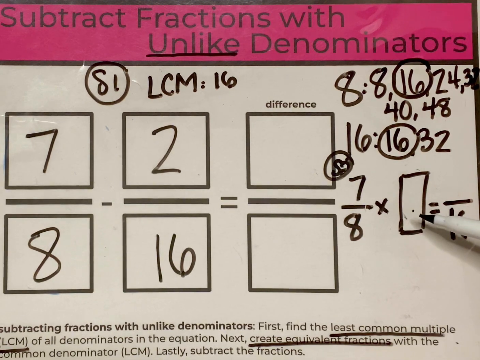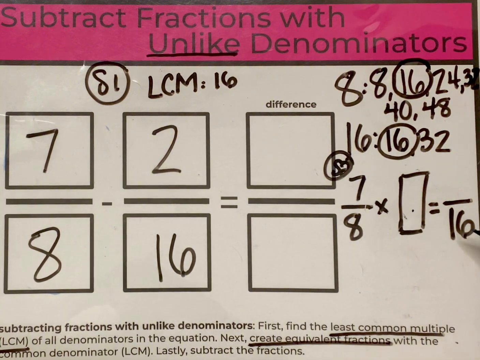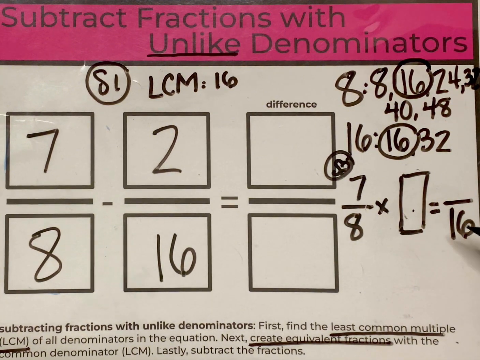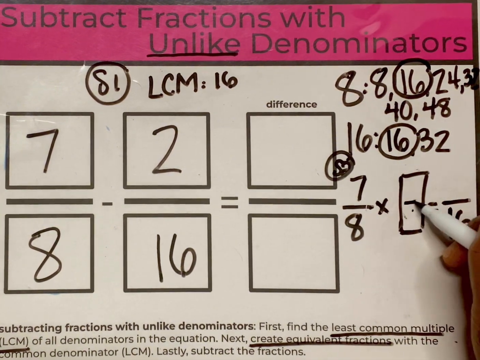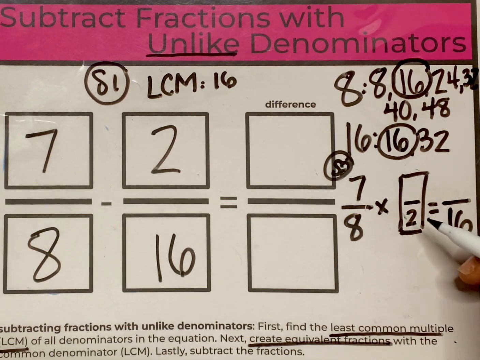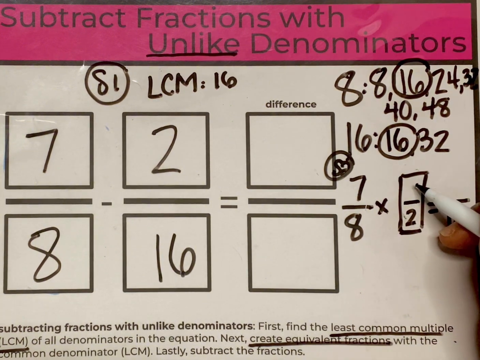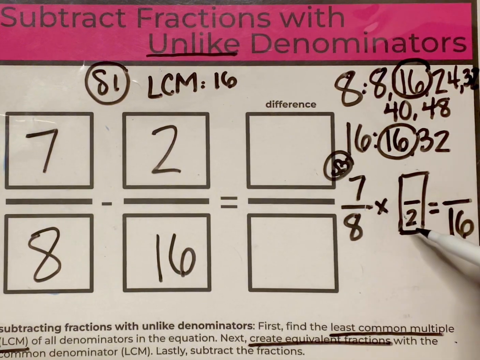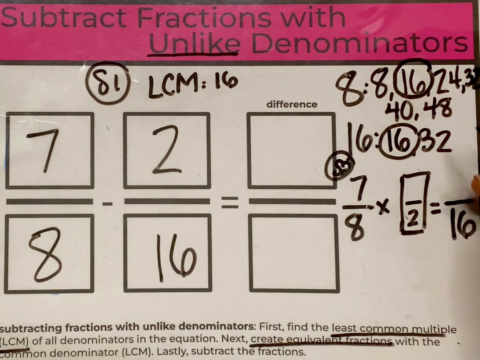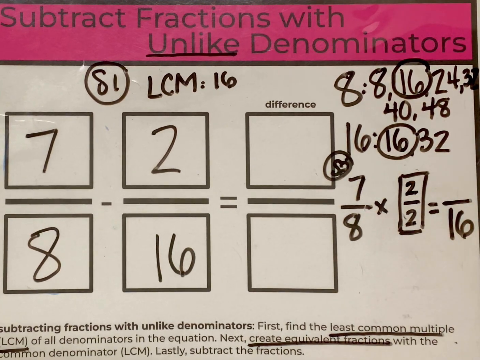So you ask yourself, 8 times what gives me 16? If you said 2, you're correct. Whatever you do at the bottom, you have to do at the top. If you're going to multiply by 2 in the denominator, you're also going to multiply by 2 in the numerator.